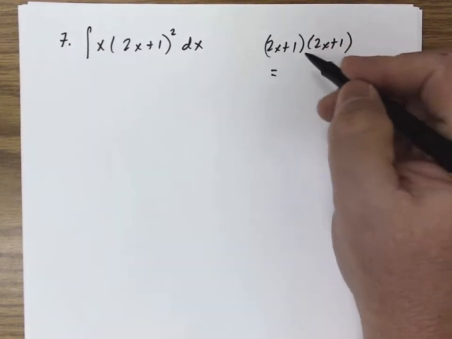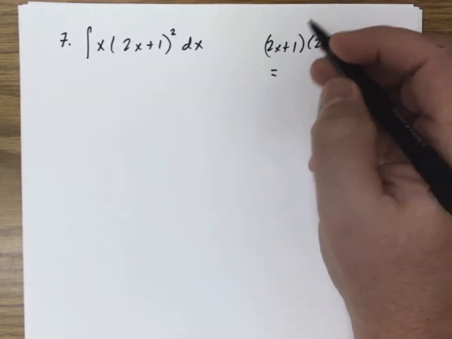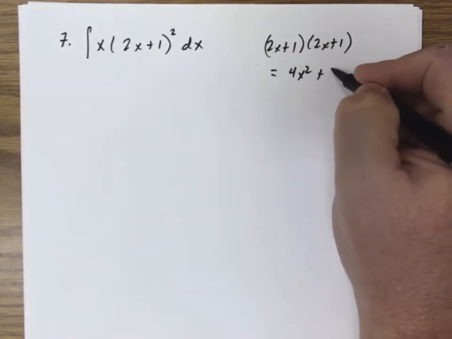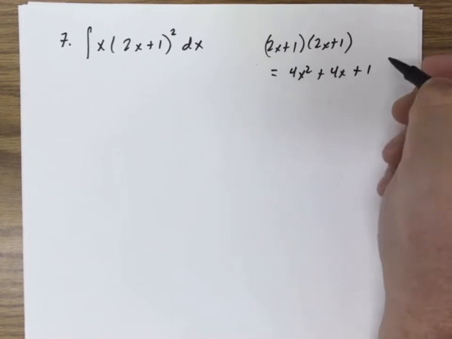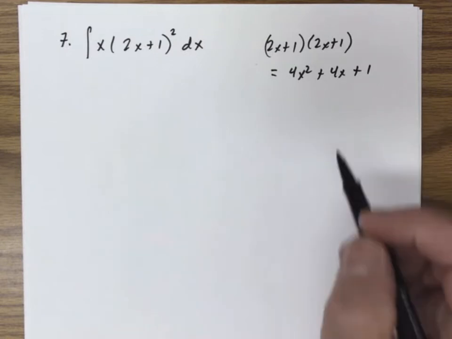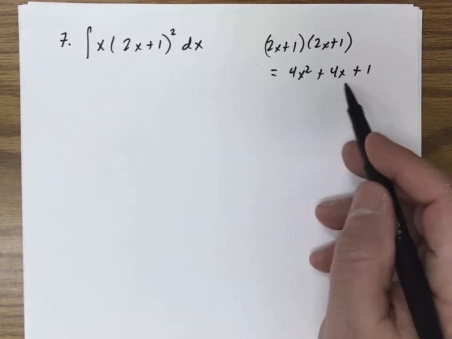Most of you probably learned how to FOIL, that's what you called it. If we multiply out those two parentheses, it ends up being 4x squared plus 4x plus 1.